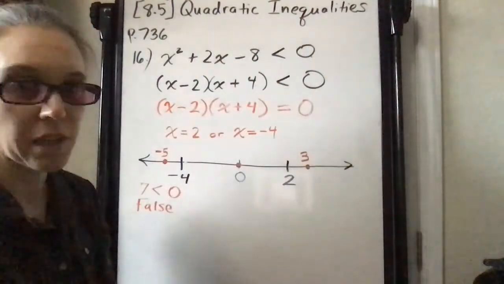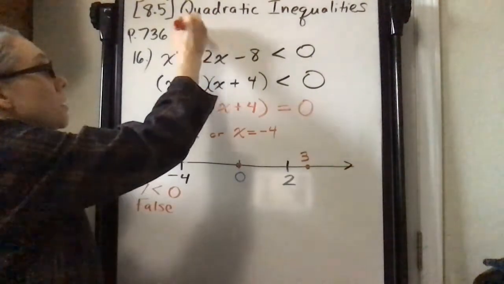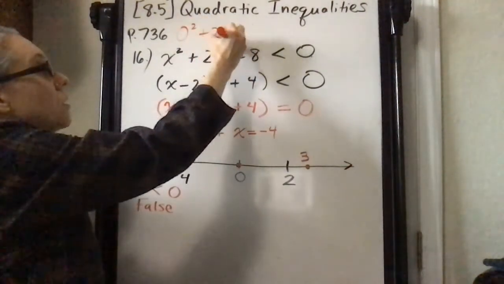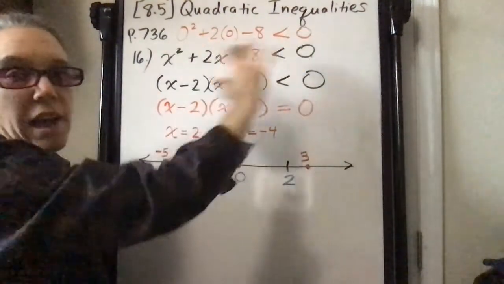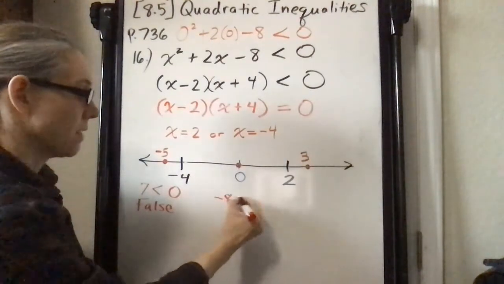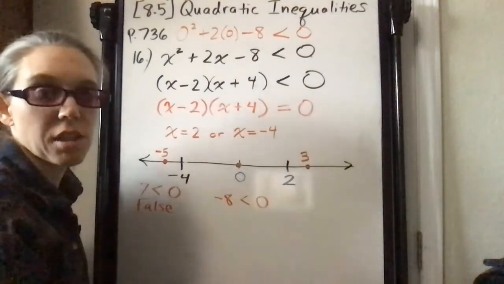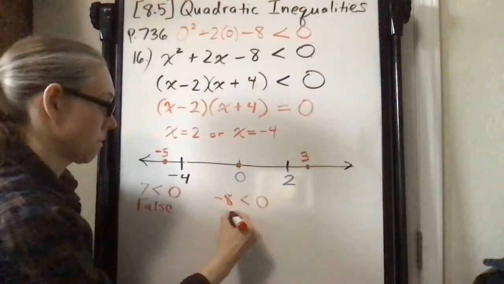So now I'm going to plug in 0. 0 represents this middle region. 0 squared plus 2 times 0 minus 8 less than 0. That statement simplifies to negative 8 less than 0, and negative 8 less than 0 is a true statement.